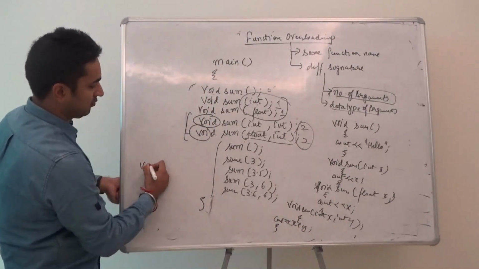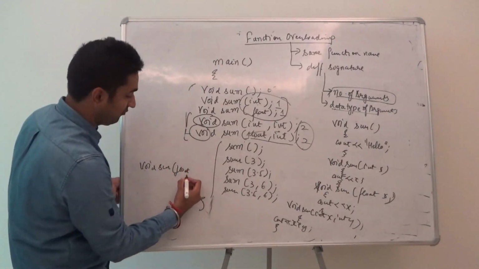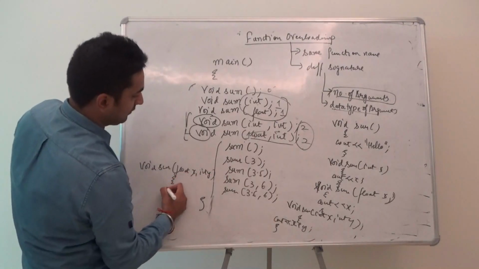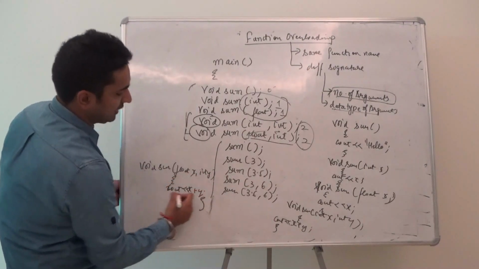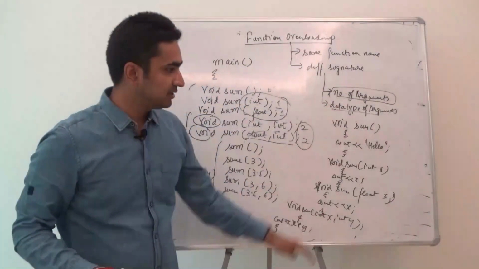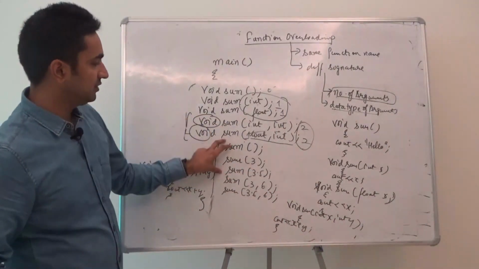And again void sum float x int y, and it will display x plus y accordingly.